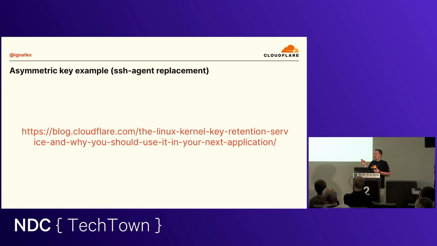You can patch OpenSSH, and instead of running an agent, you can just put your SSH key inside the kernel keyring, and the OpenSSH process will use it to authenticate to your service. The workflow is similar. You do ssh-add, but the key goes inside the kernel keyring, and then when you SSH into the system, it will not talk to the agent, so you don't have to run the agent at all.